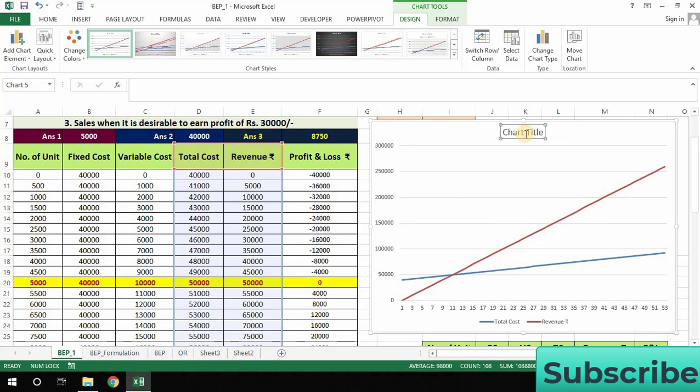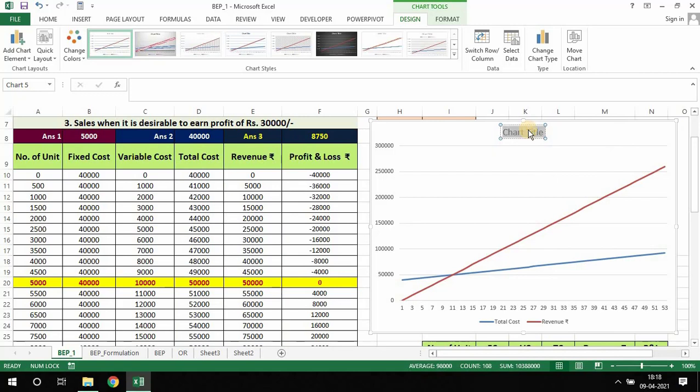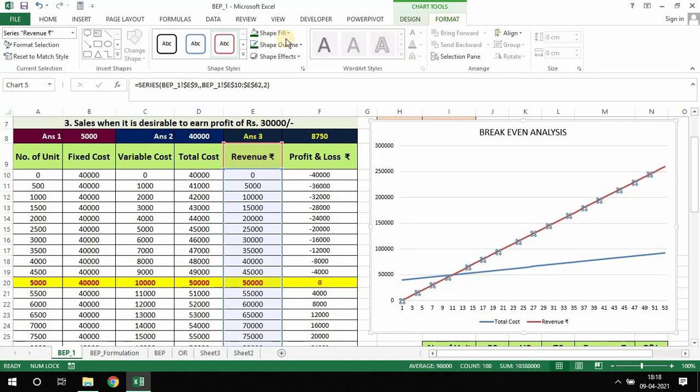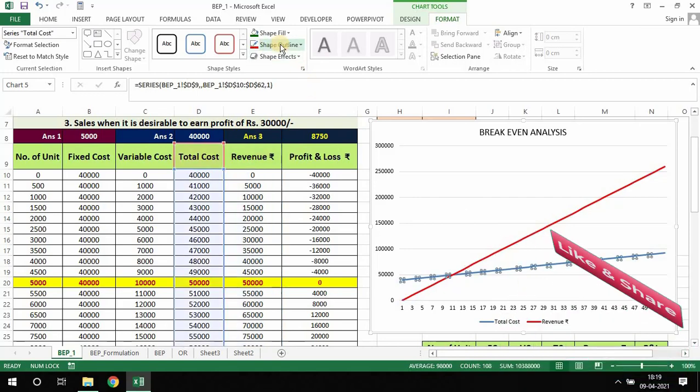Okay, so the chart title is break-even analysis. Then the text color is black. Now select this, go to Design, and the outline shape is red, this one is blue.